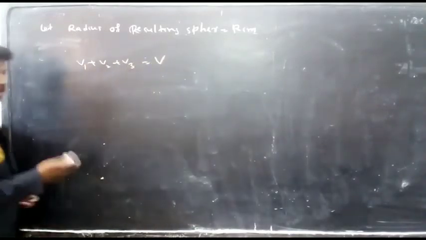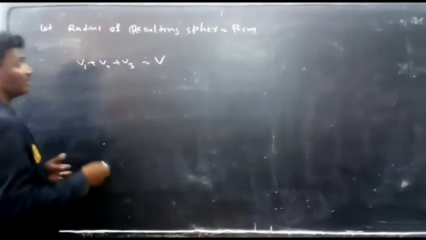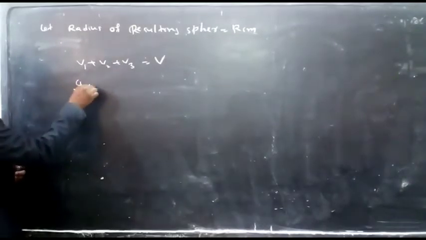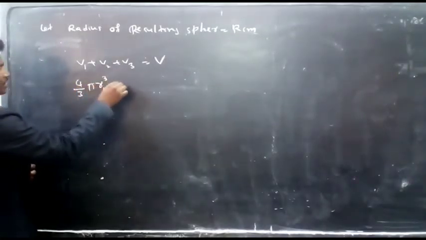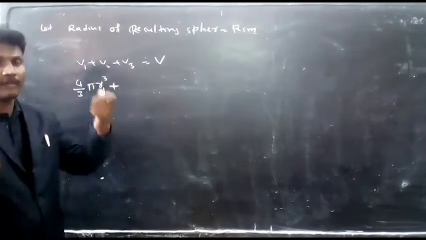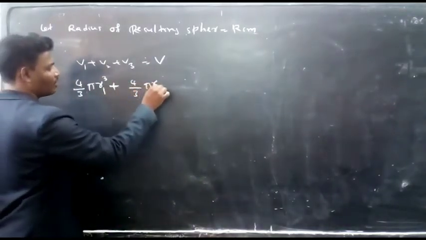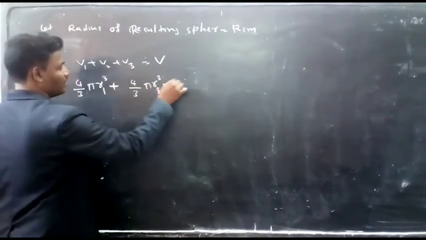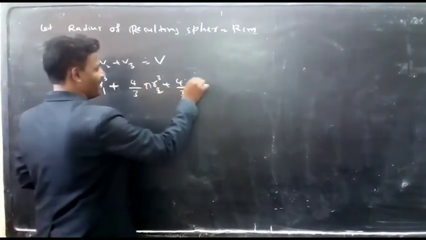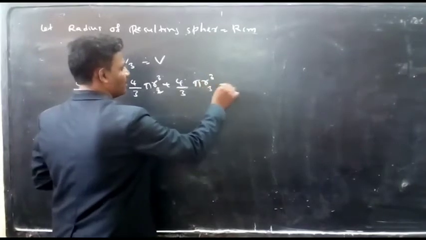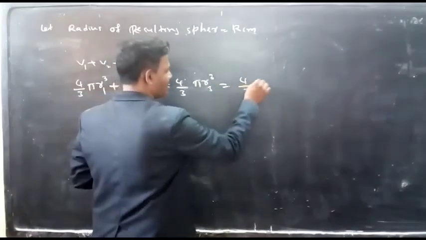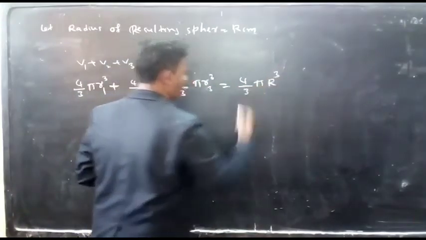What is the formula to find the volume of the sphere? 4 by 3 pi R1 cube is the volume of the first sphere. Next 4 by 3 pi R2 cube plus 4 by 3 pi R3 cube is equal to 4 by 3 pi capital R cube.